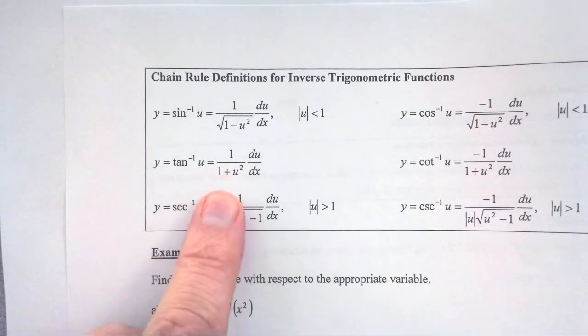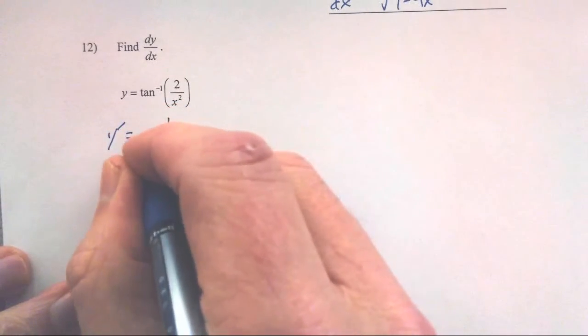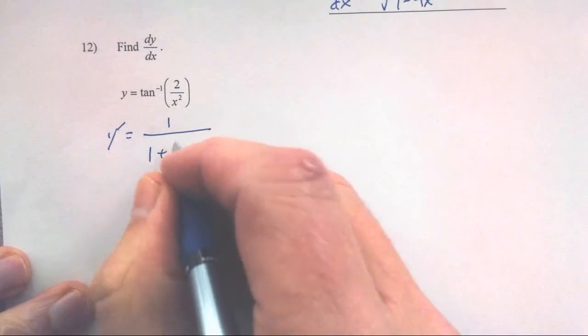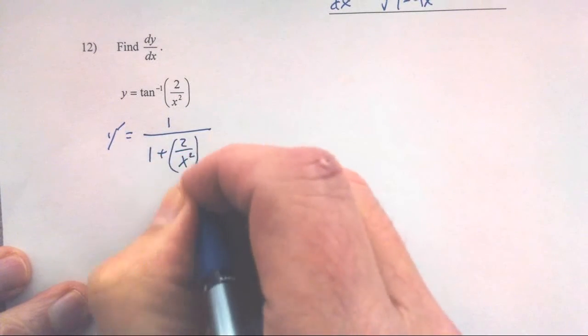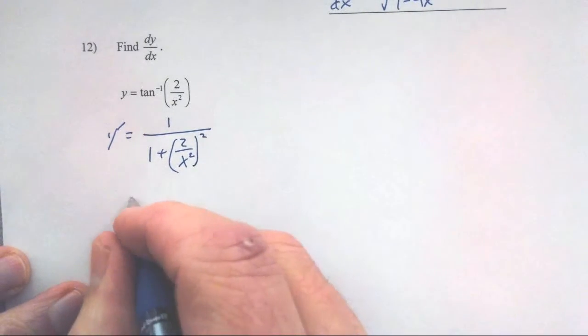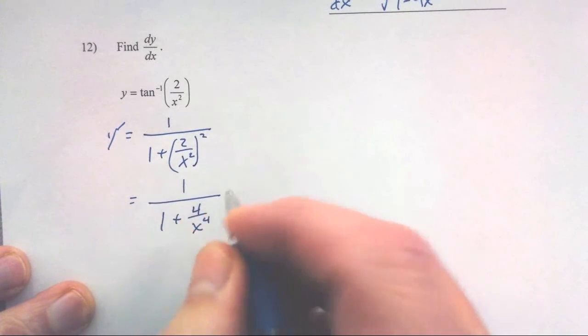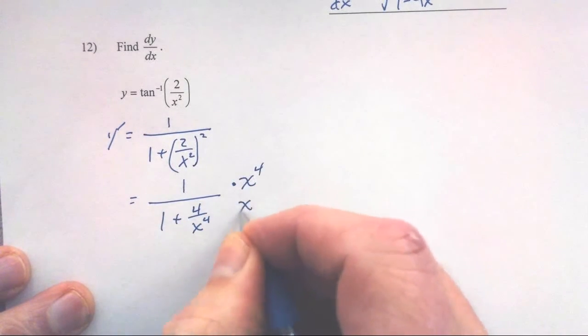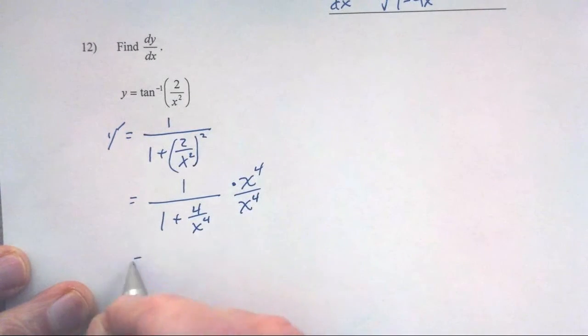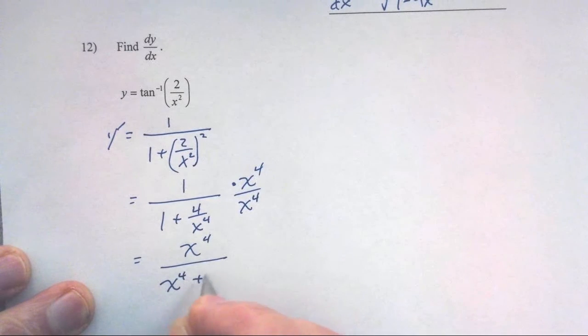Tangent inverse. Tangent and cotangent are my favorites. Tangent inverse, 1 on 1 plus the argument squared. So this wants to be 1 on 1 plus the argument, all of it squared. So we're going to have a little bit of simplifying to do on this guy. I get 1 on 1 plus 4 on x to the 4th. I would multiply by x to the 4th on x to the 4th, and we get x to the 4th on x to the 4th plus 4.